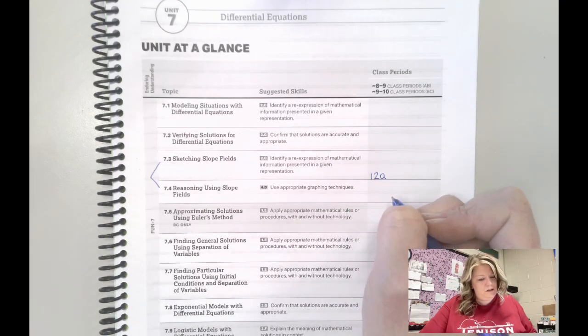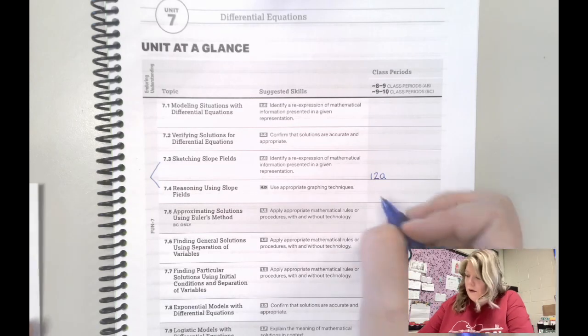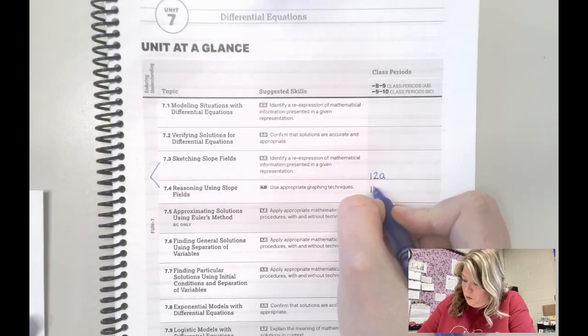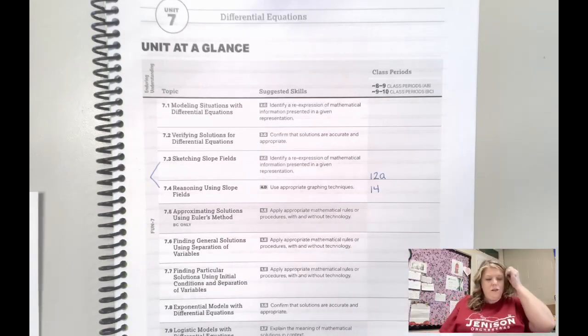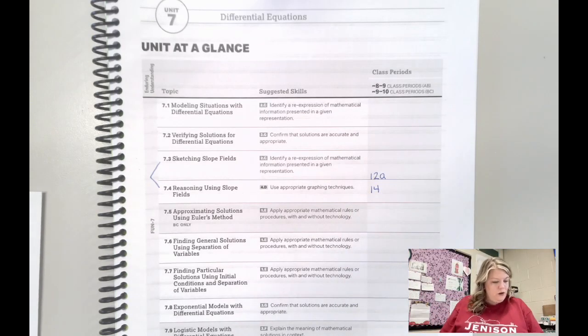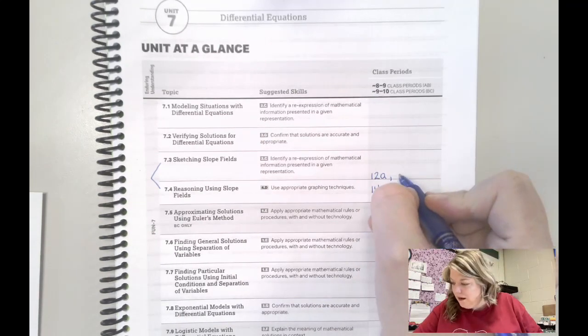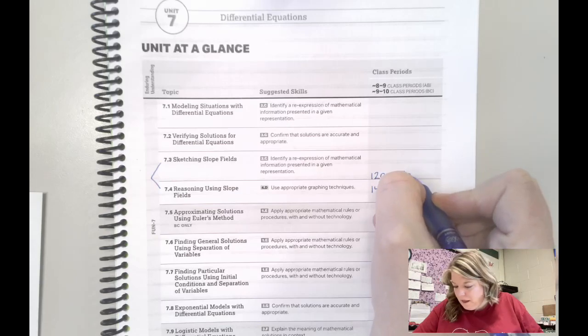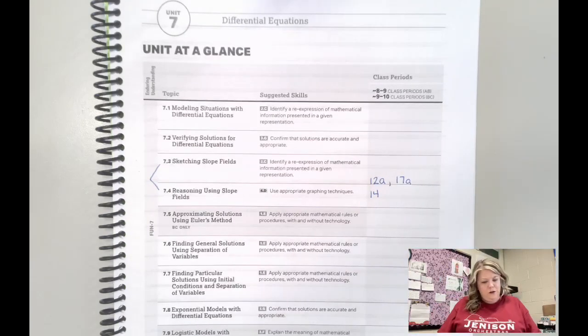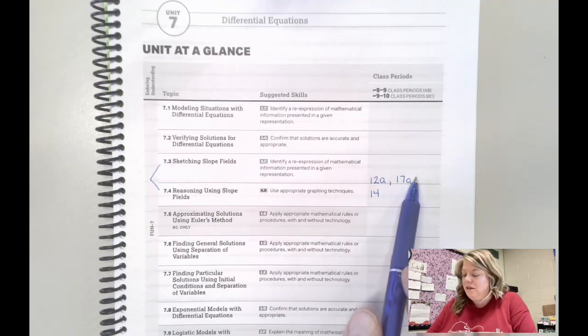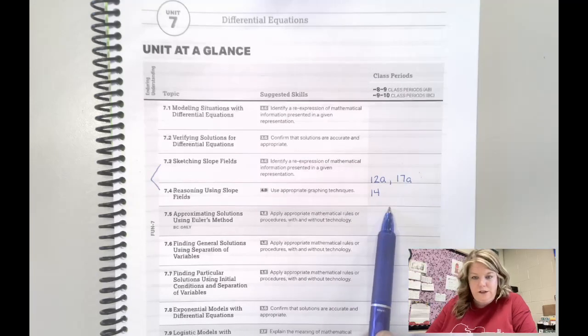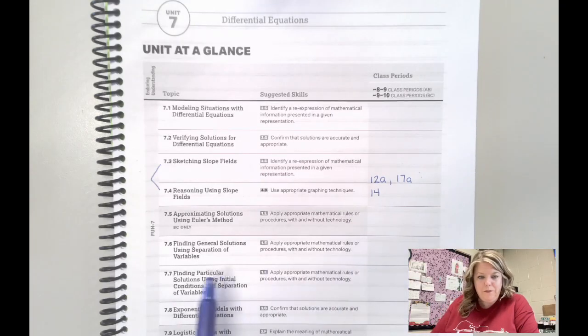Where else am I making slope fields? 14 is one that's more like reasoning with slope fields, where you're trying to figure out what the solution would look like. There's another one where you're creating a slope field in 17, so 17A. And I think that's it for our slope field questions. So those are the specific skill questions that have to do with slope fields, okay?